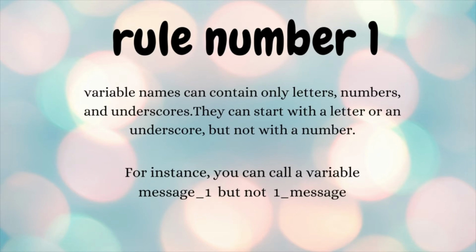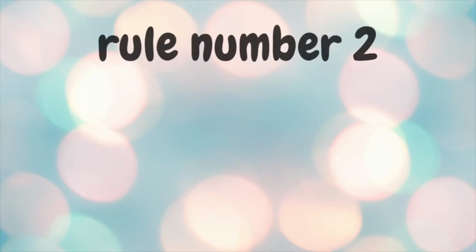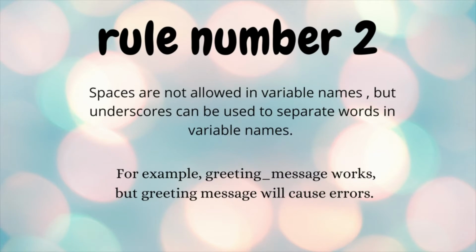For instance, you can call a variable message_1, but not 1_message. That won't work. Rule number 2: spaces are not allowed in variable names, but underscores can be used to separate words. For example, greeting_message works, but greeting message will cause errors.